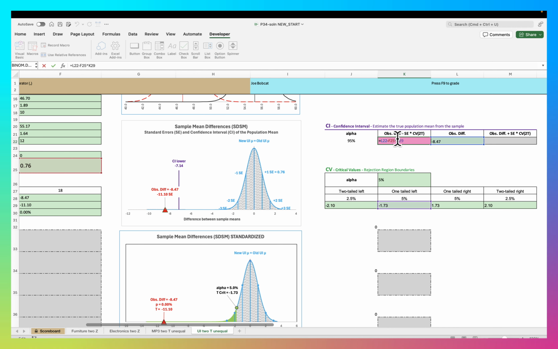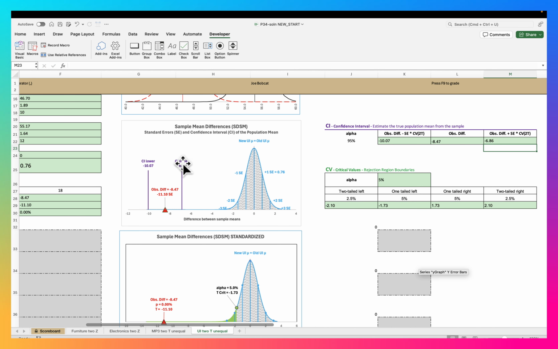My bad. That's not right. We subtract. Remember, even if it's a one-tail test, the confidence interval is always two-tailed. So that was a fail. Okay, and then on this end, it's equal to that plus the standard error times the two-tail.